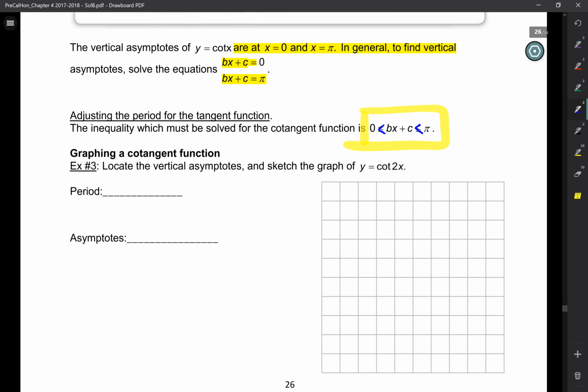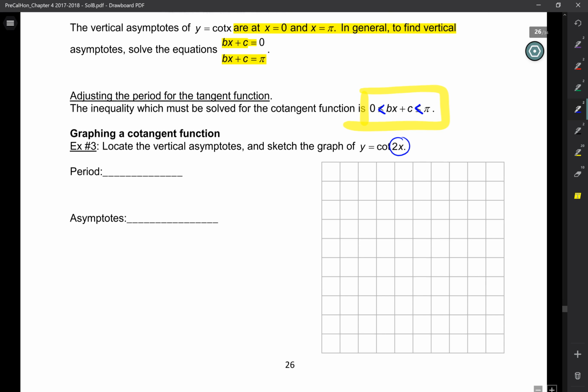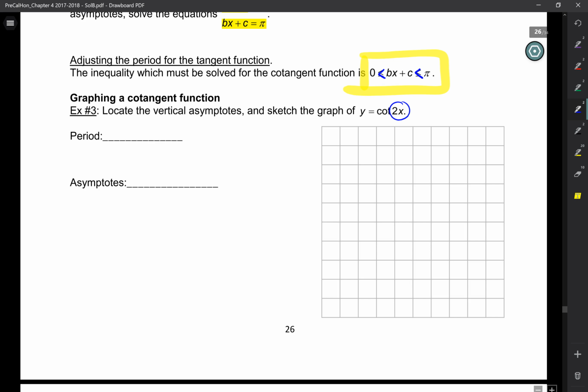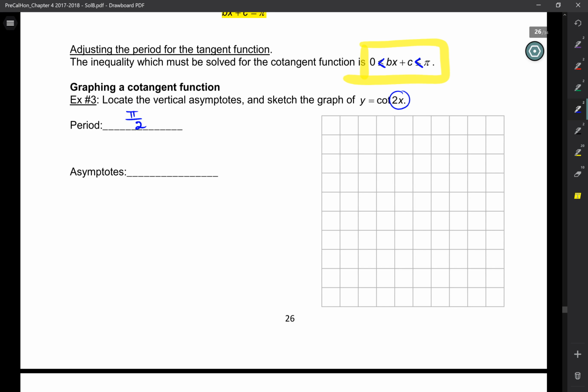Okay. Now, let's do cotangent 2x. The period is pi over 2. Okay. Asymptotes. So we're going to go 0, 2x, pi. So it's going to be from 0 to x to pi over 2. So asymptotes are at x equals 0, x equals pi over 2.